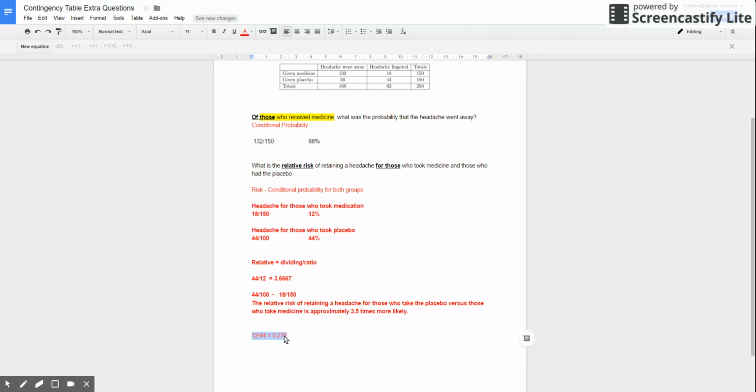We're not going to say that, oh, I'm 0.27 more likely. That doesn't make sense for our language. So if you see something like this and it is below 1, just invert it. So it's the same as saying the other population, 44 over 12.